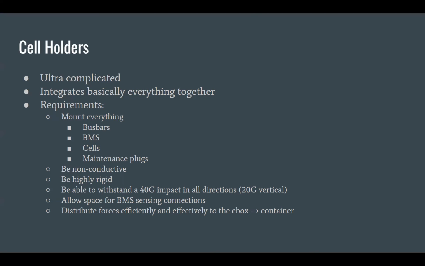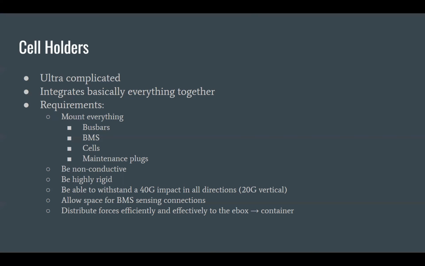And then finally, the big thing is that the cell holder not only has to withstand an impact, it also has to meaningfully distribute force from the cells to the cell holder to the e-box and then finally to the container. So you have to think about that whole pipeline.